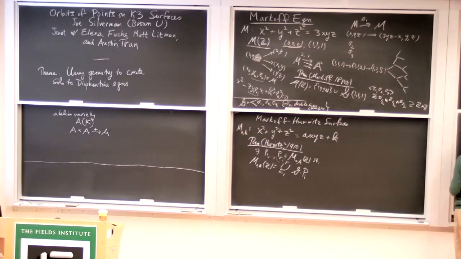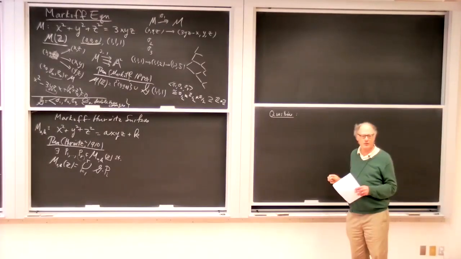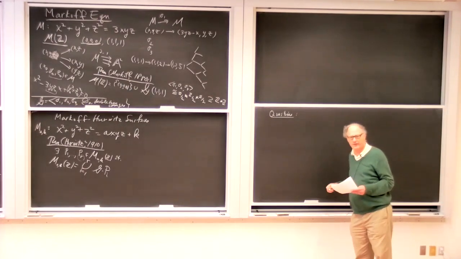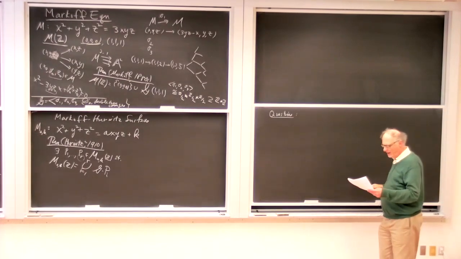So here are 2 questions that people ask about these. And by the way, this is meant as an introduction. What I'm aiming toward is that we're going to do an analog for K3 surfaces of these Markov equations.